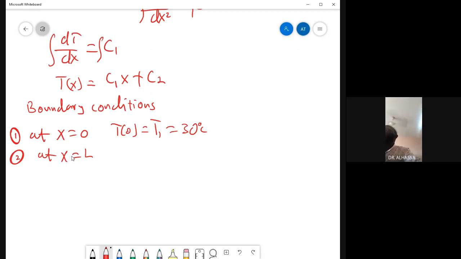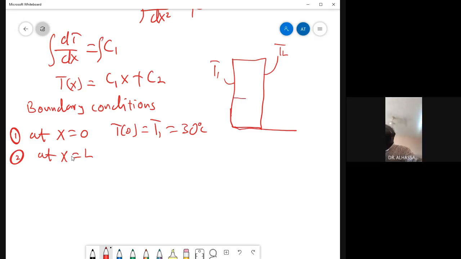At x equals L, let me draw the geometry again for you to understand clearly. We don't know the temperature on this surface, so let it be represented by TL. The temperature is not known, but we know the temperature on this side, T1.